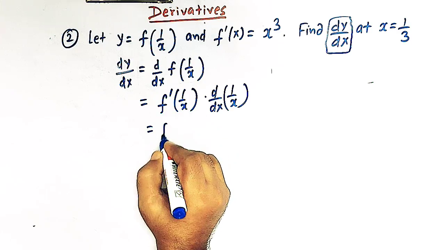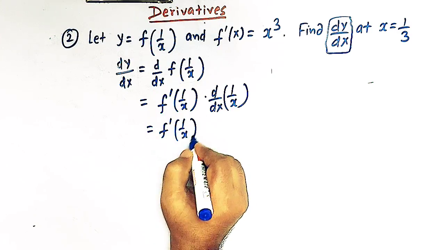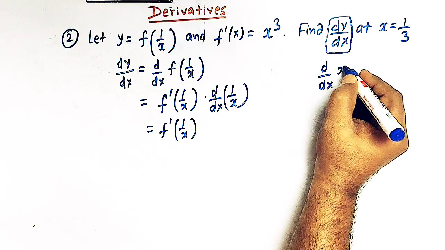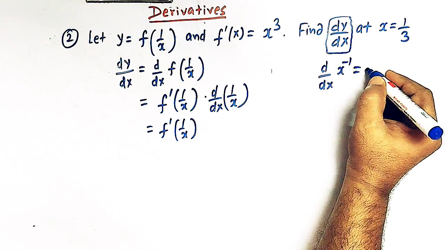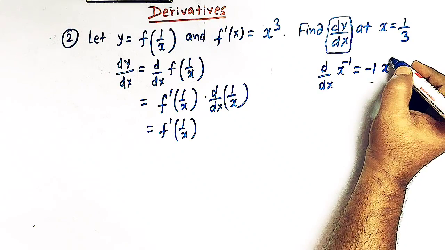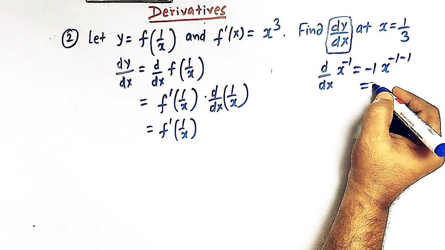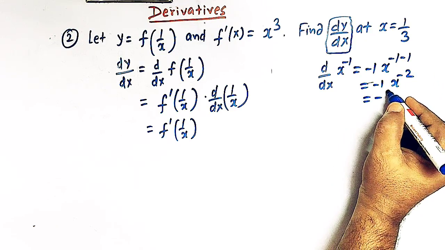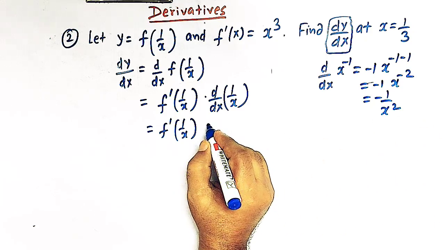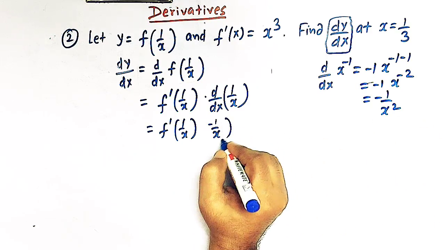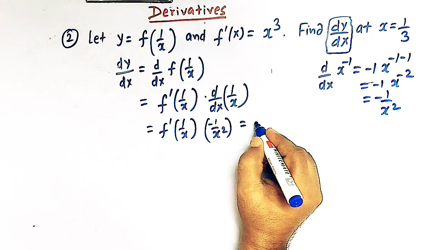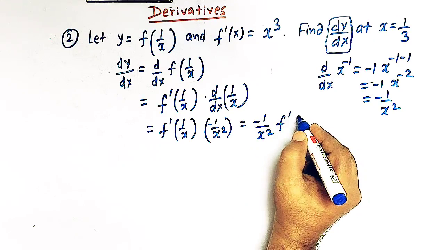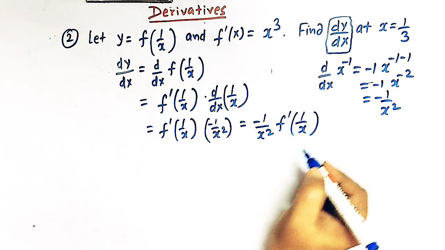So here we have f prime of 1 over x, and the derivative of 1 over x, that is x raised to minus 1, is given by minus 1 times x raised to minus 2, that is minus 1 over x square. So we can now write minus 1 over x square, and here we have f prime of 1 over x, right?